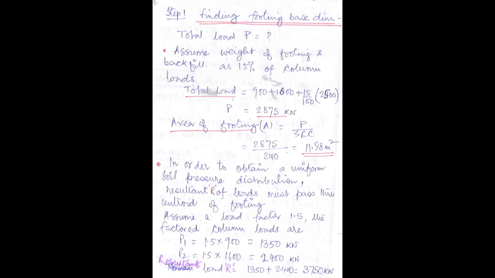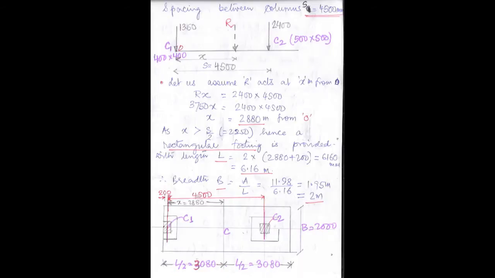The resultant load will be 1350 plus 2400, that is 3750. This is the total load acting on the footing. And spacing between the columns is given as 4.5 meter in the question. 4.5 meter means 4500 millimeter, that also we have written. So spacing between the columns is 4500.